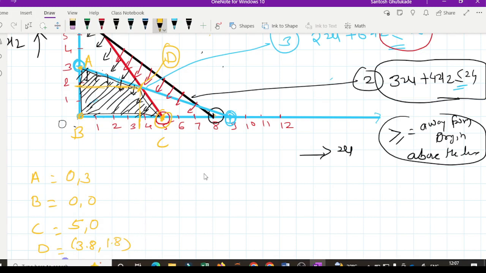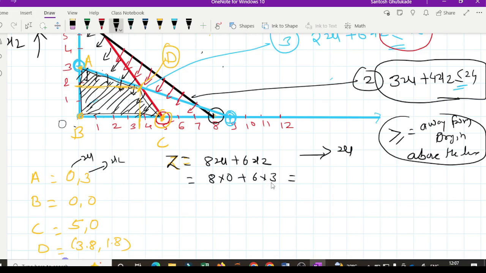Now you have the objective equation, Z equals 8x1 plus 6x2. Now you have to put this value as the x1 value and this value as the x2 value in this equation. For A you will get 8 into 0 plus 6 into 3, so the Z answer is 18.